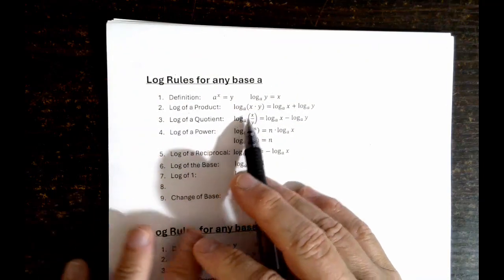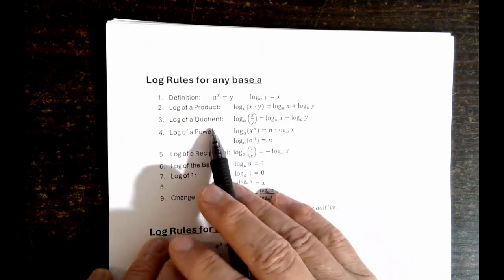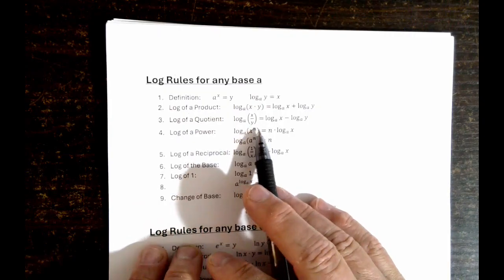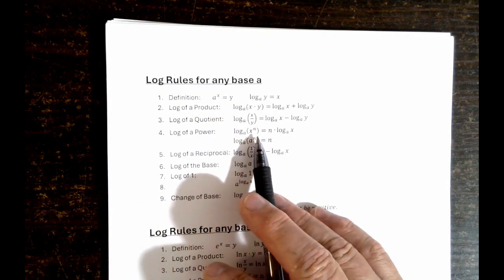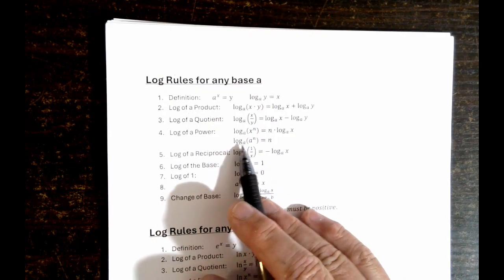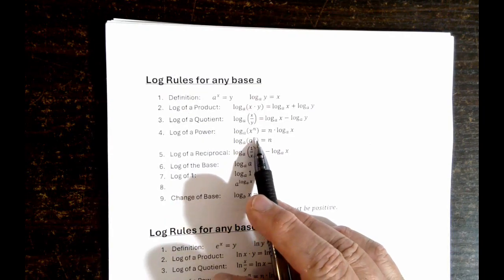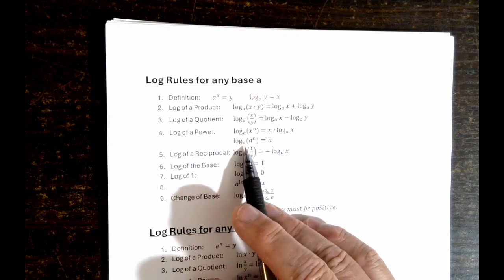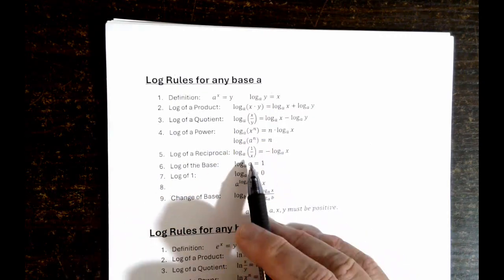The second one says log of multiplication equals addition of the logs. This one, log of division equals subtraction of the logs. Something raised to a power, you can bring the exponent out front. And if it's the base raised to that power, you bring the n out front, and then log base a of a is just 1, so 1 times n is n.